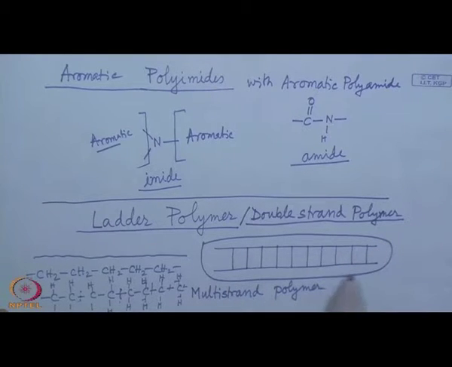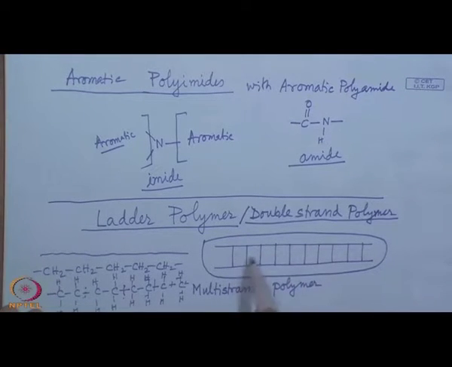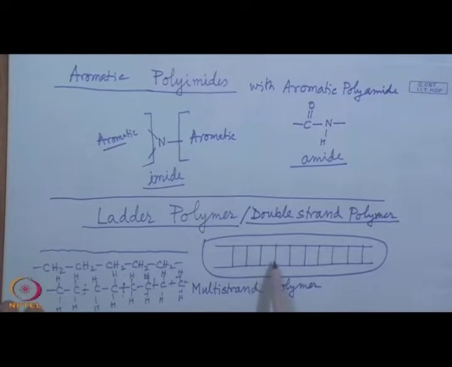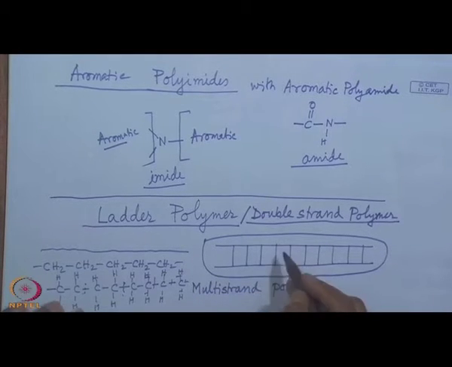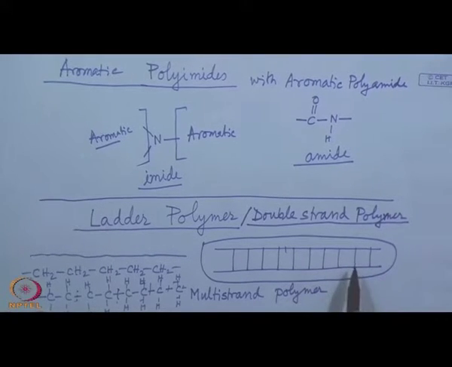Now, in this case, having double strand or multi strands, this is one line, this is another line, and these two lines are linked with intermediate linkages. These look like cross link bonds. So, if there is some chance of breaking at this site, the polymer will maintain its identity.